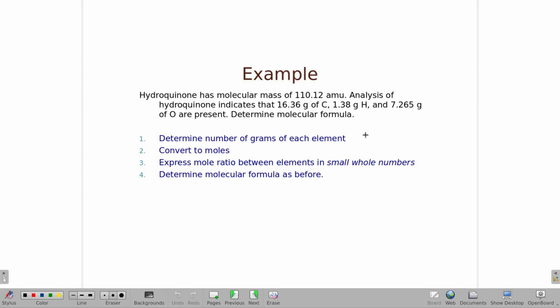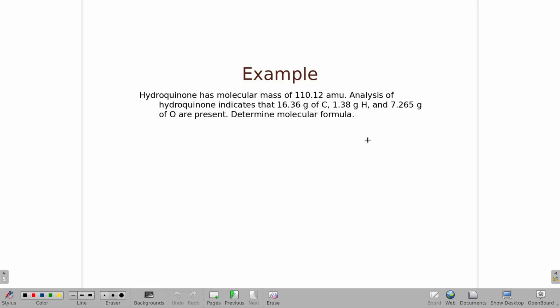And then once you get the empirical formula, you convert to the molecular formula just like we did on that previous slide. So let's do all that. All right, so I have 16.36 grams of carbon, 1.38 grams of hydrogen, and 7.265 grams of oxygen. My very first step, convert those all into moles.